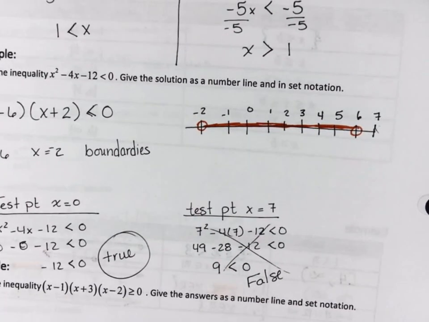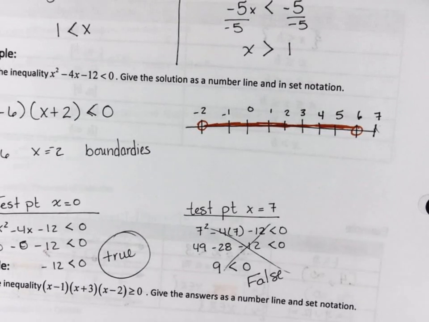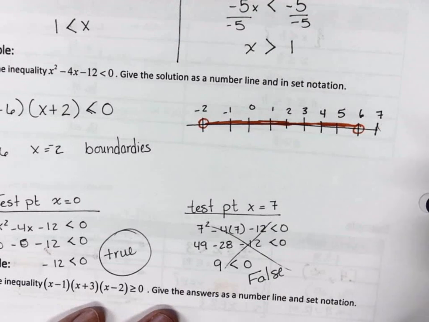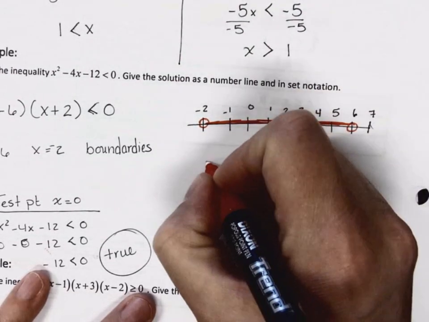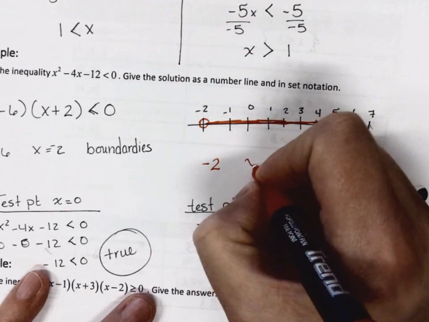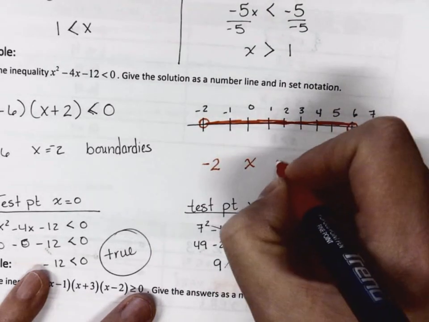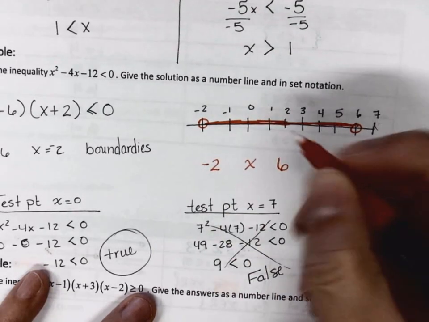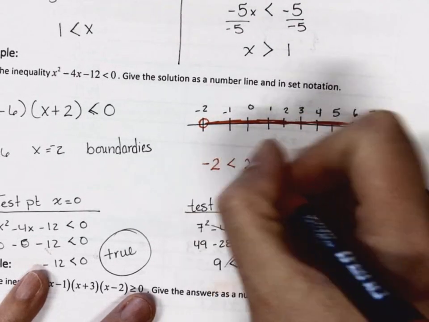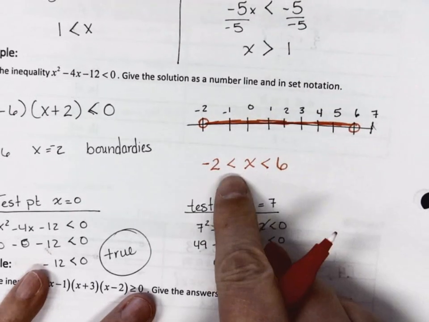So we're going to do it in set notation. We've given it on the number line. Now we're going to do it in set notation. So -2, lower limit on the left, variable in the middle, upper limit on the right-hand side. All my inequality signs point to the left.